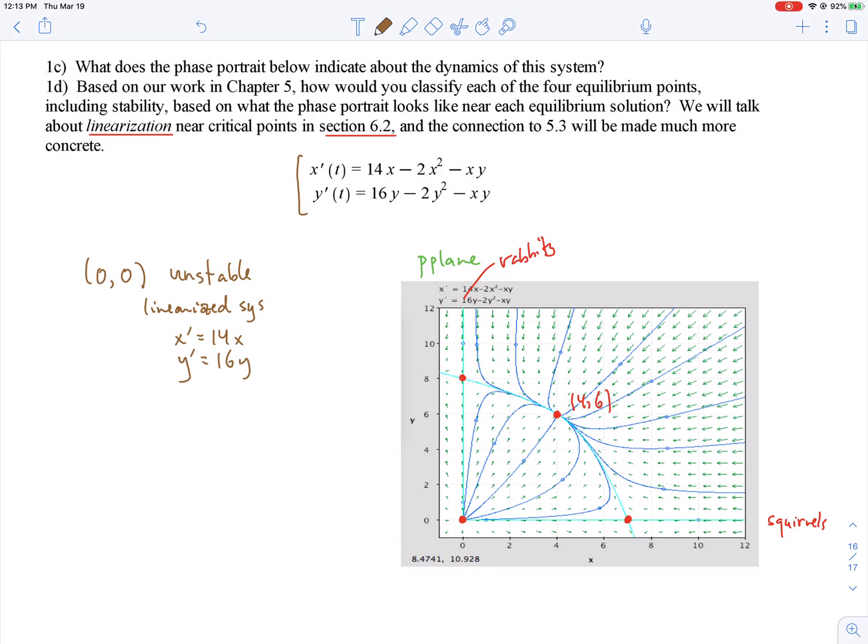And in fact, the picture looks like an unstable node. The two eigenvalues for this diagonal linear system are 14 and 16. They're both positive. Or an unstable, the words we used were nodal source.